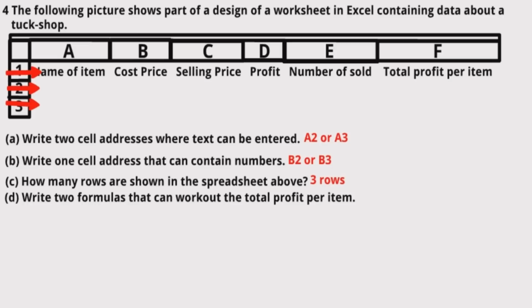So we have the selling price, then the profit, and the number sold.